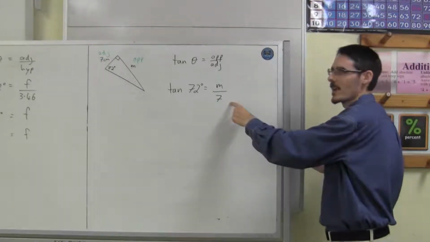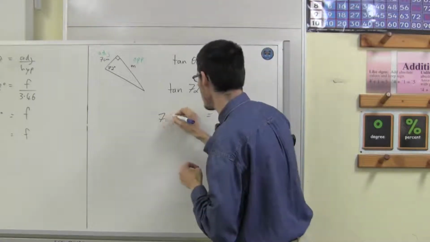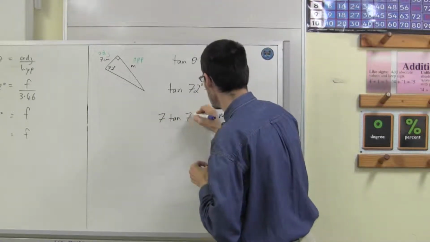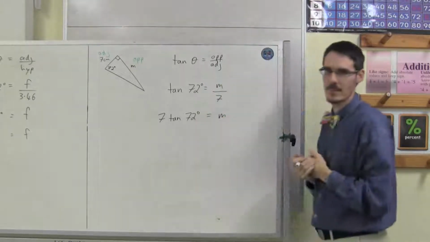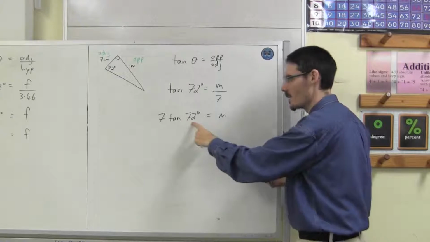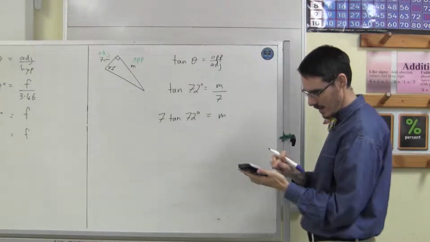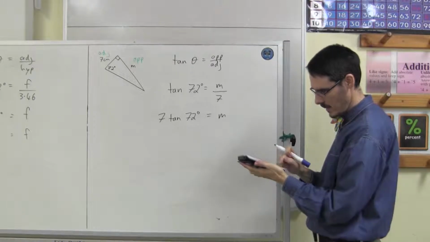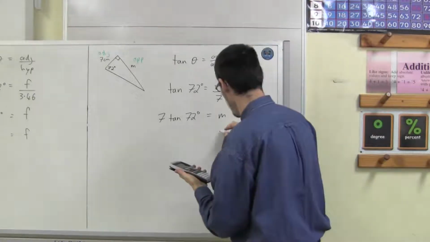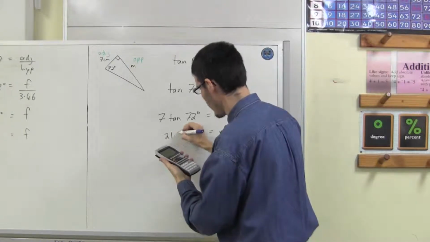Alright, m divided by 7, do the opposite. M is 7 tan 72 degrees. Your calculator knows what opposite on adjacent is for any right angle triangle with 72 degrees. So ask it. 7 tan 72. M is 21.5.